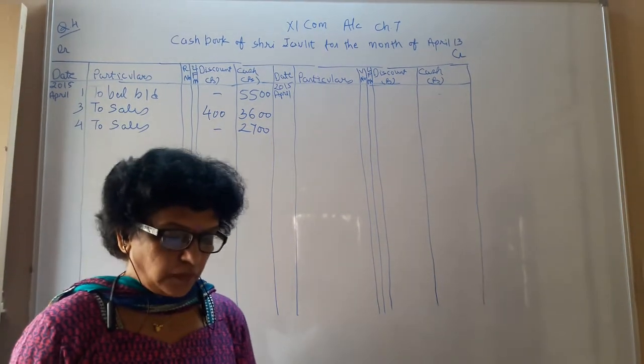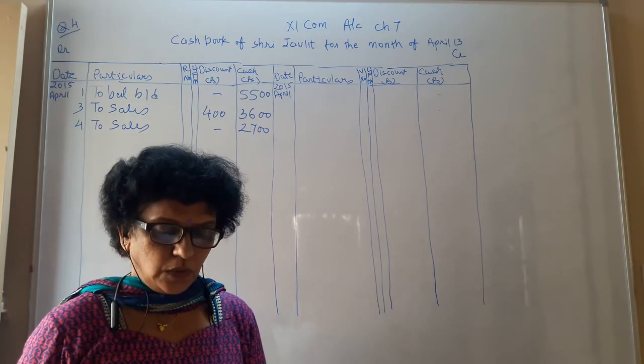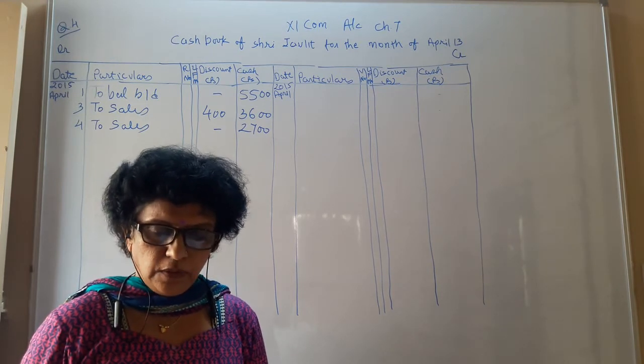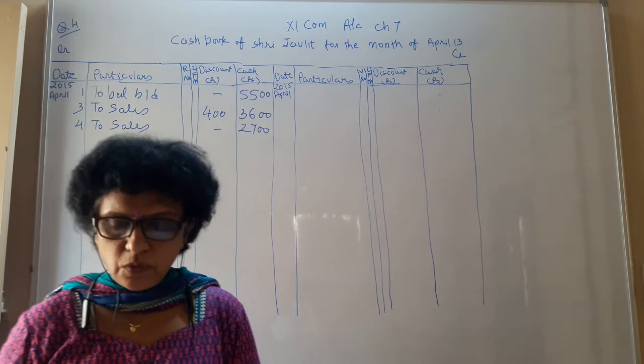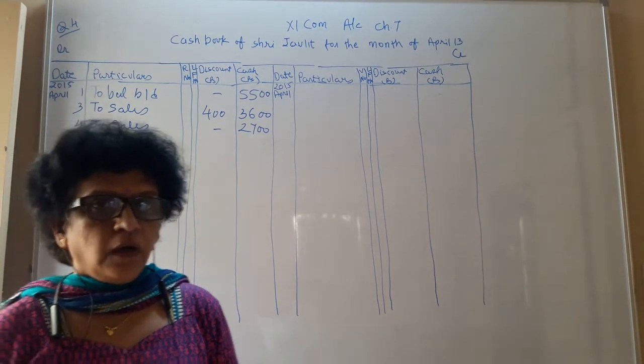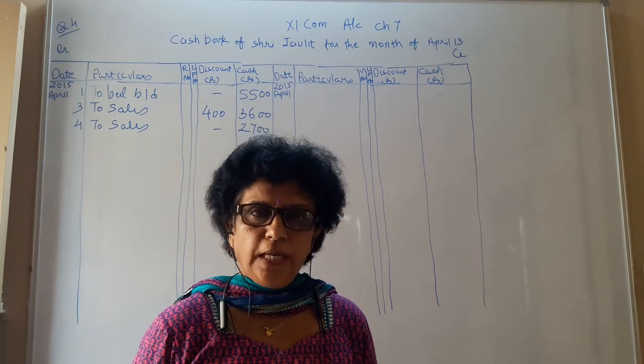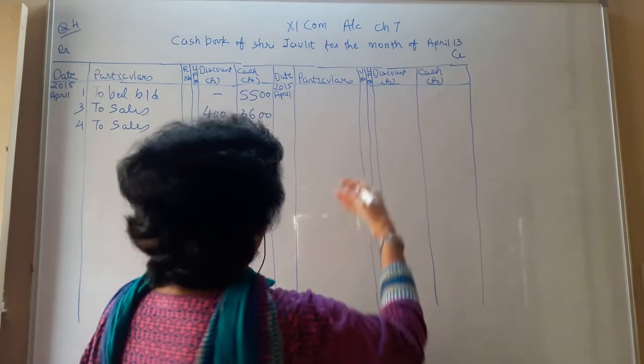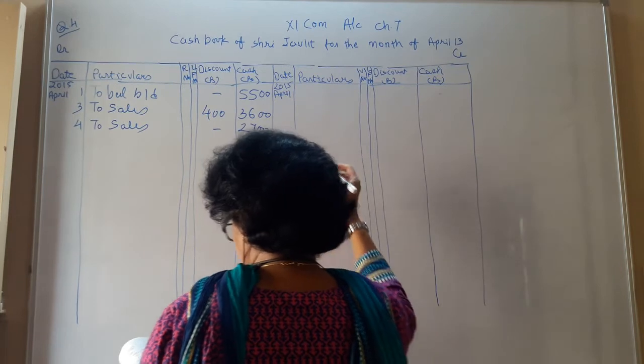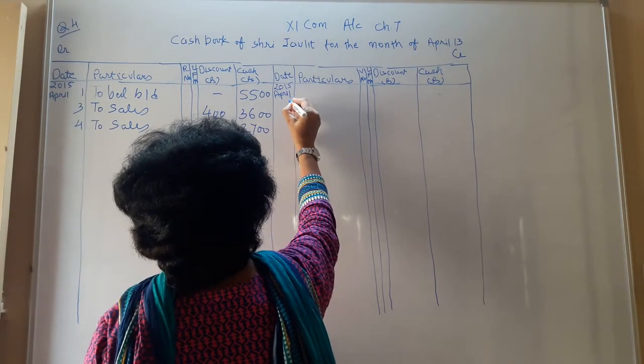Number 5, cash of rupees 2000 paid to Arth in full settlement of his account of 2030. He is our old creditor to whom we have to pay. So we are making a payment, and it will come on the payment side. The date is April 5th.